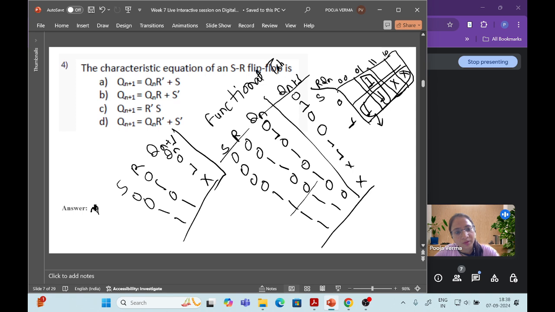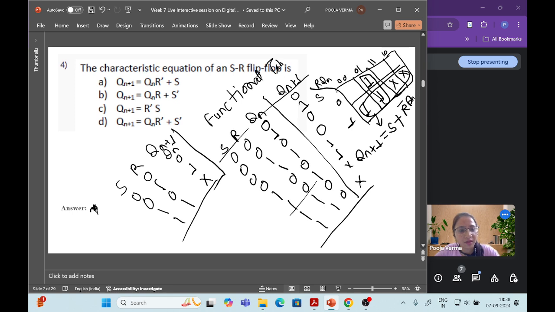So what will be the equation? This is S plus here it is R dash Qn, right? So the characteristic equation for SR flip-flop will be Qn plus 1 is equal to S plus R dash Qn, right?